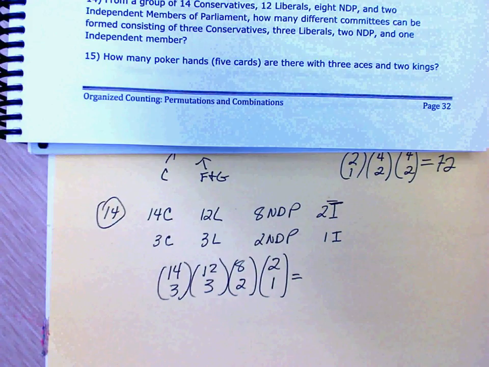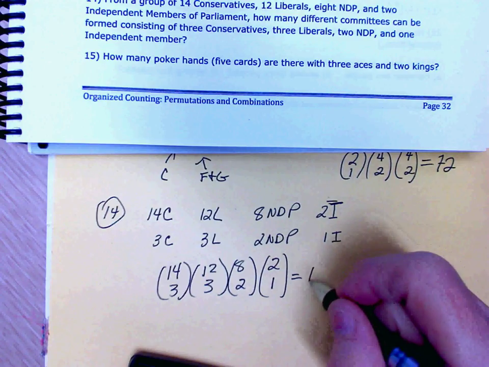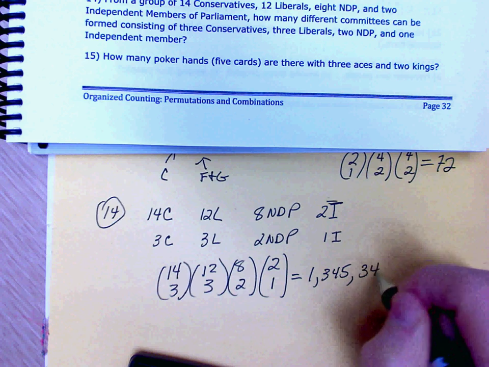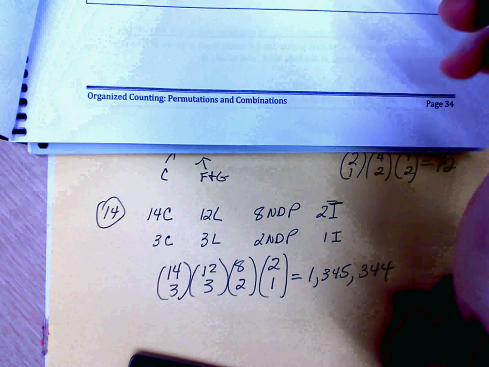So when I plug that into my calculator, I get 14C3 times 12C3 times 8C2 times 2 choose 1, which is just 2, so I get 1,345,344, and hopefully that is the answer to number 14.